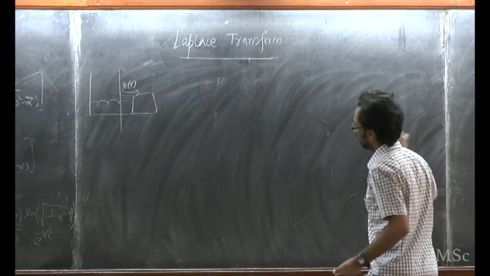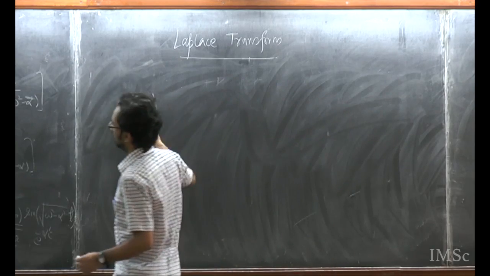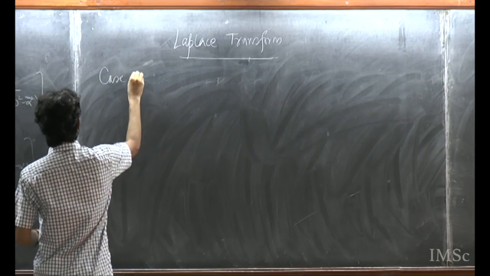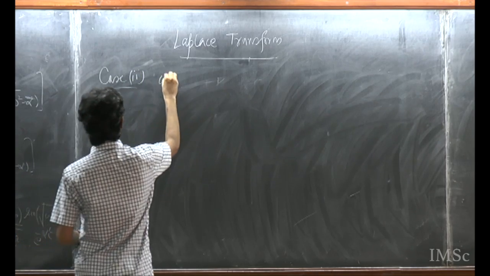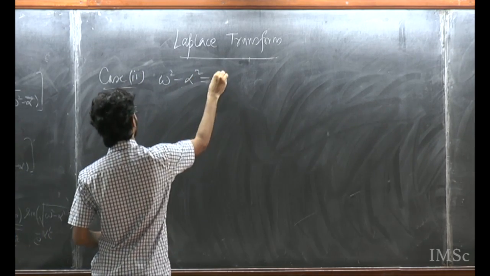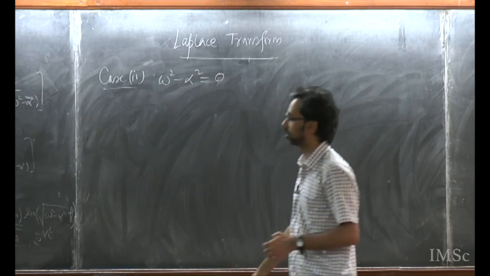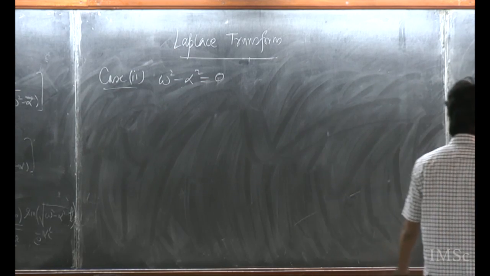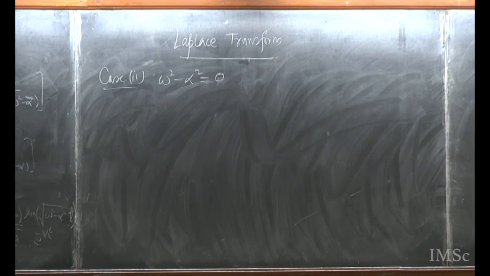So similarly, you can analyze the cases where omega squared minus alpha squared is 0. Okay. So this part is 0, right? Then what are you left with?